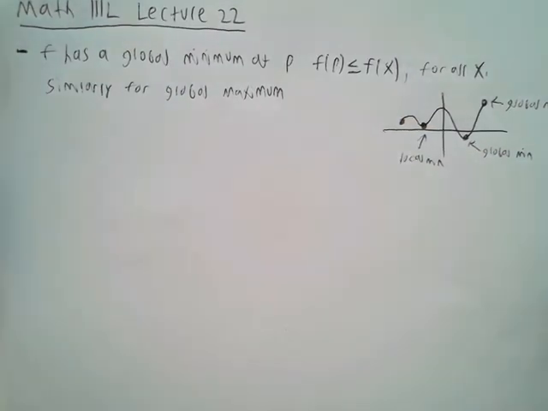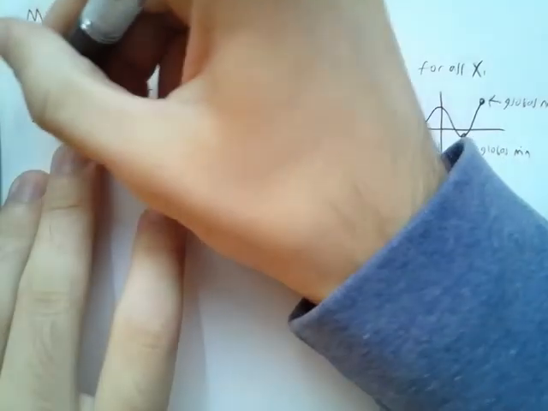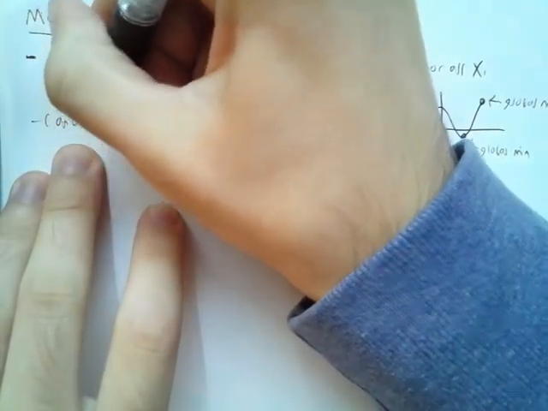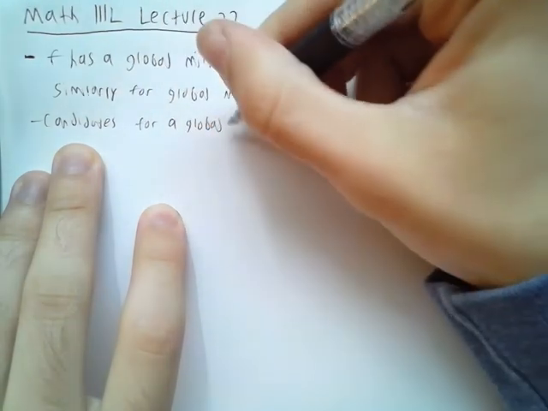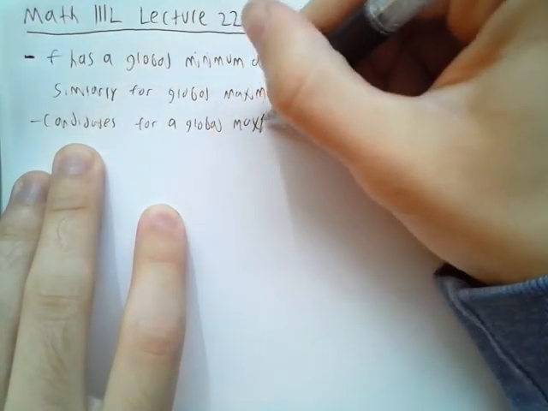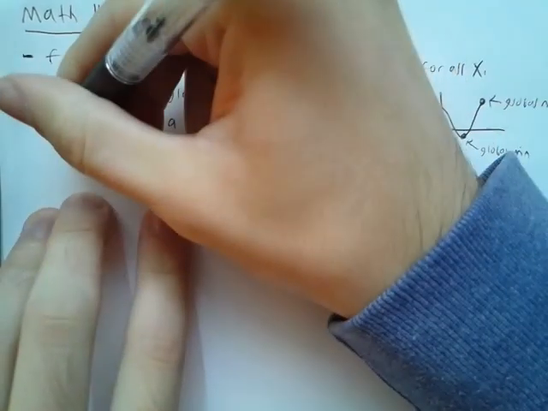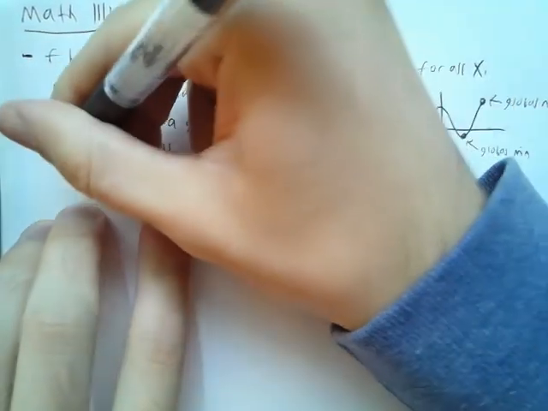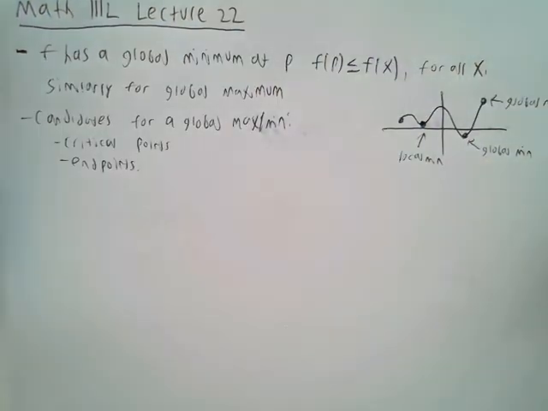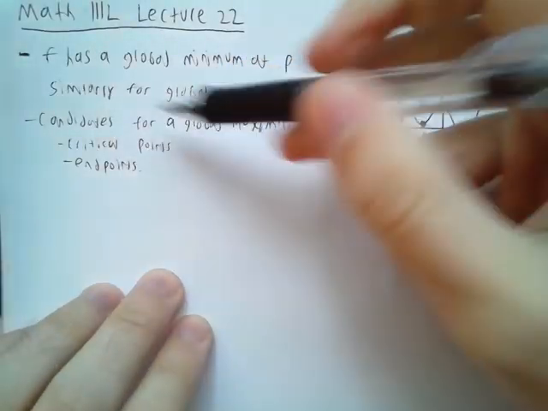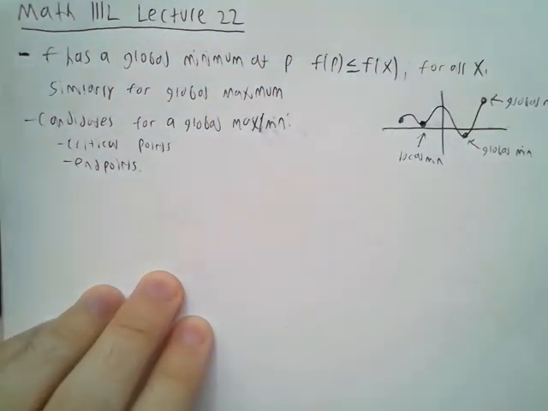So the candidates for a global max or min are critical points and endpoints.